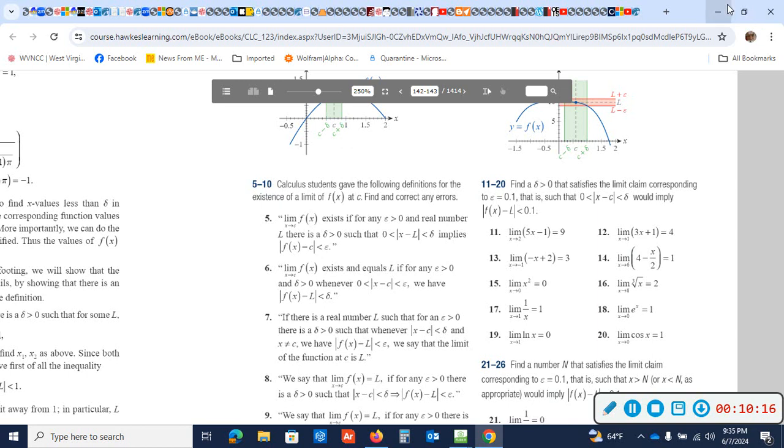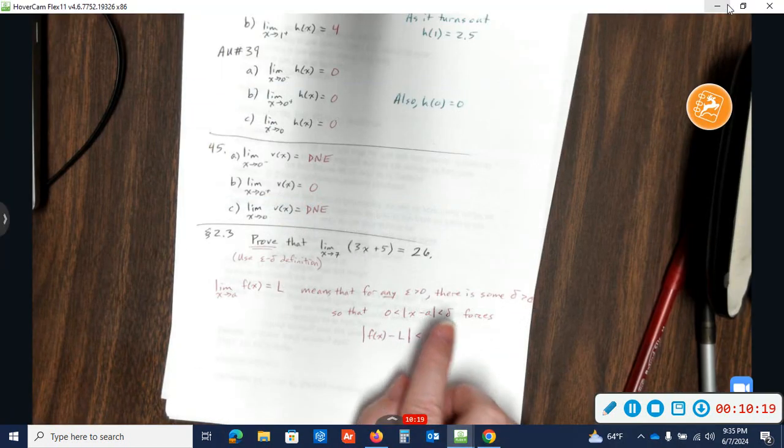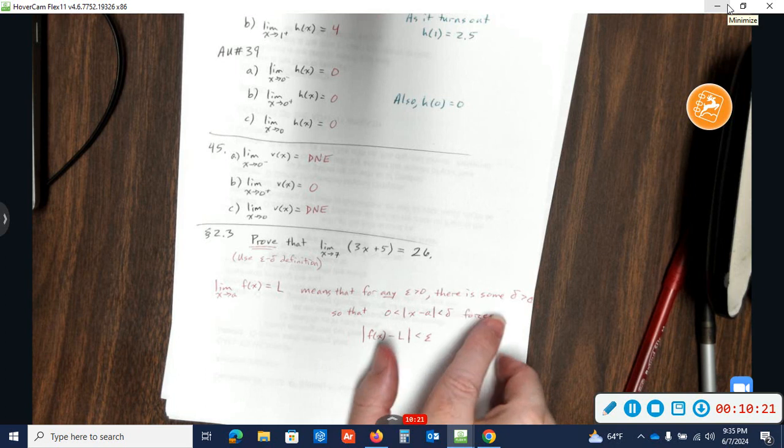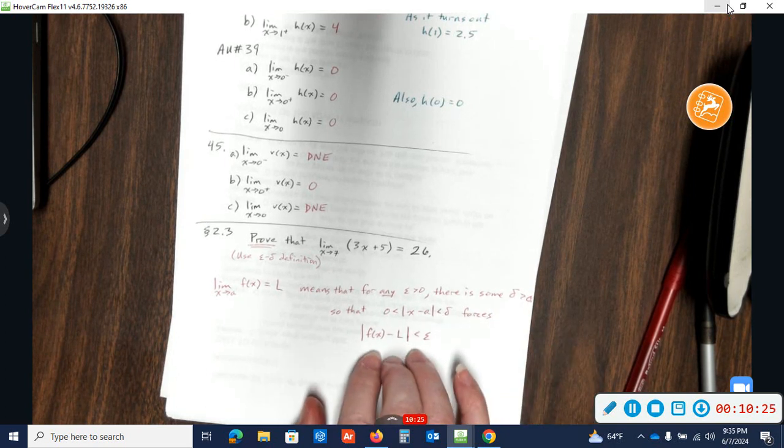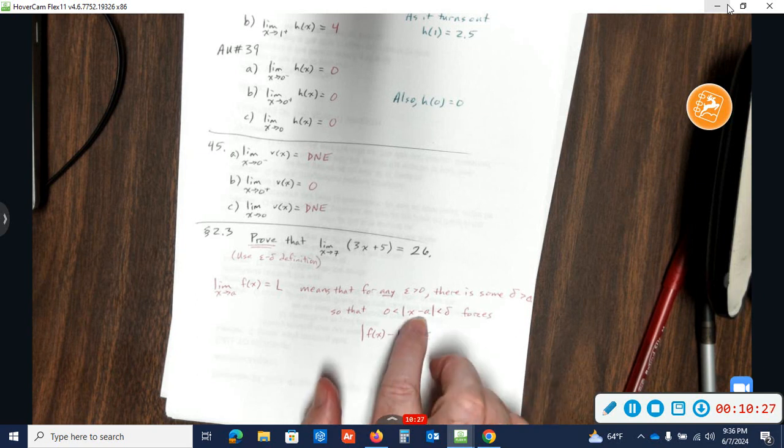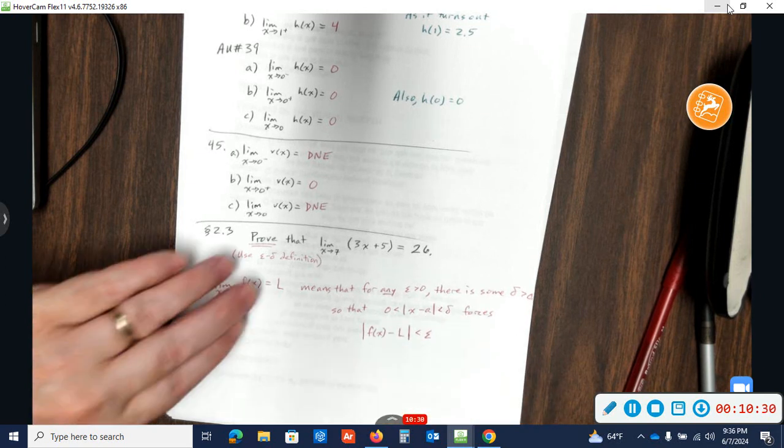But the actual definition says no matter what epsilon you pick, somehow show that there is a delta, so that if this happens, then this happens.